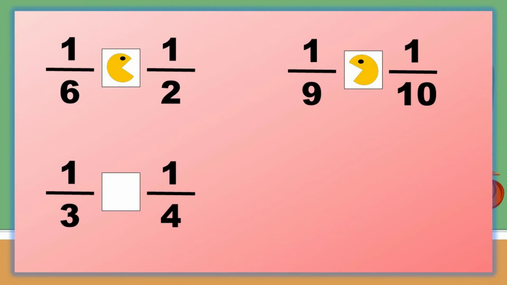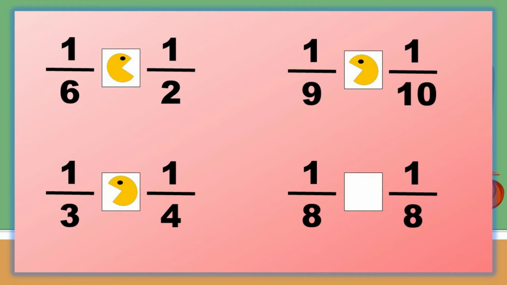Good job! The correct answer is greater than. The third one is 1/3 and 1/4. Good job! The correct answer is greater than. The fourth and the last one is 1/8 and 1/8. Correct! The correct answer is equal.